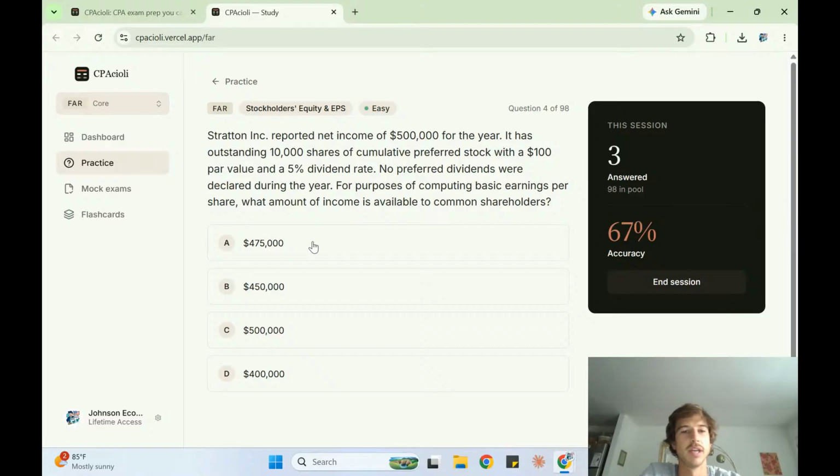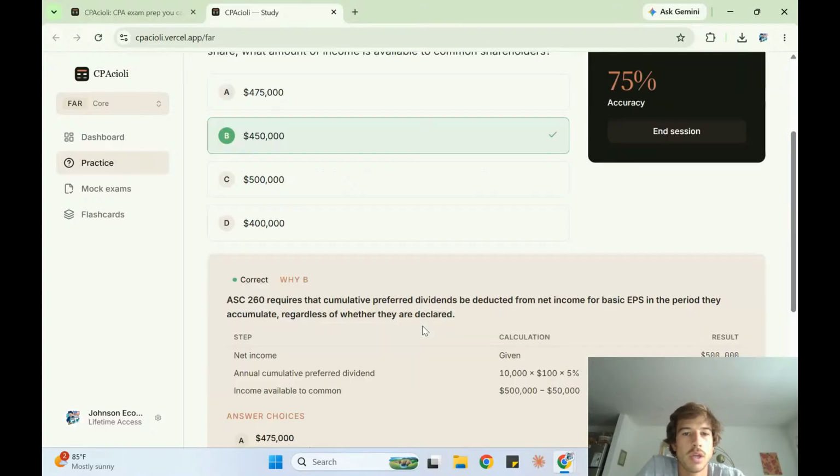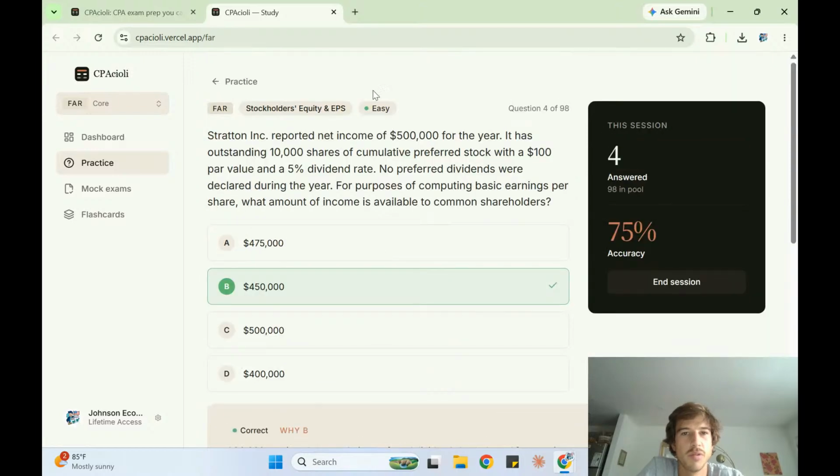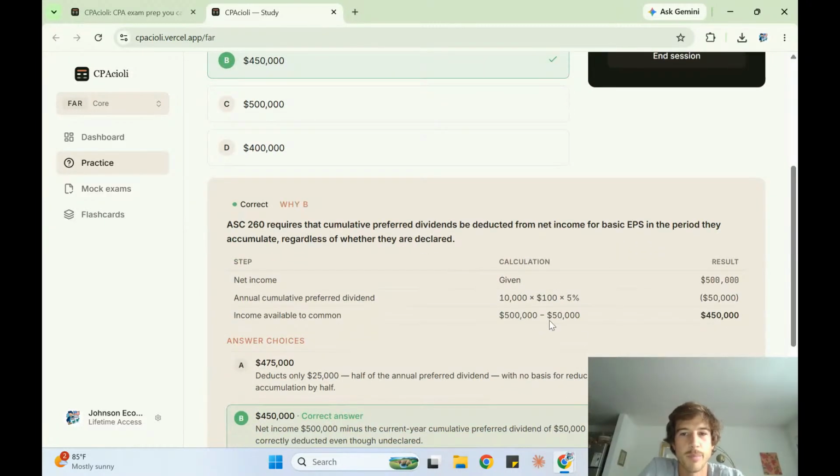So I think that would be it. Cool. But another easy one, which is appropriate for that. Yeah, pretty self-explanatory. You subtract out the preferred stock or preferred stock dividends.